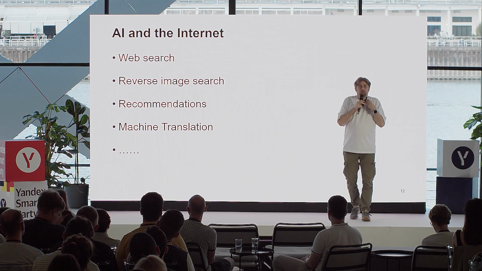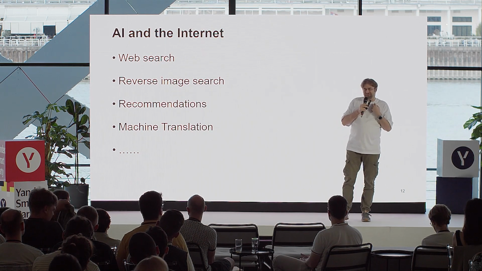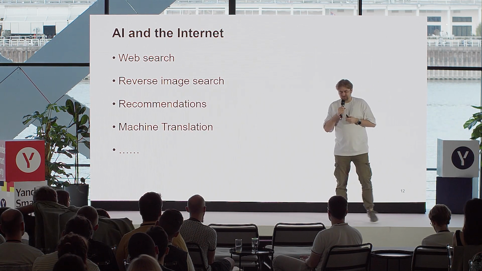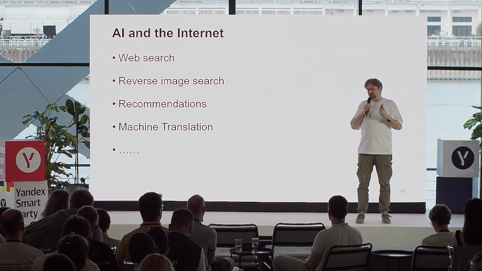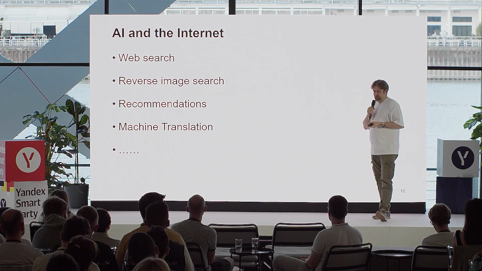As you know, I'm working in a search company, and this is the reason why I start an explanation about AI and internet from the search engine. Without search, information in the internet would not be accessible.